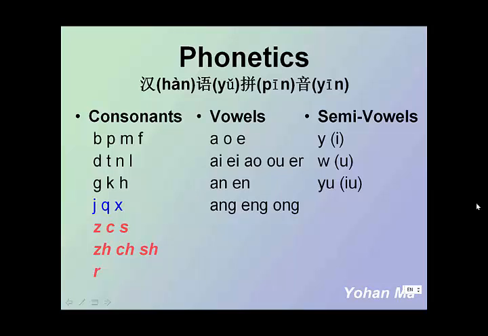Yu, Yuan, Y-U-A-N, Yuan. But X-I-U-A-N is Xuan, instead of Y-U-A-N, which is Yuan. Okay. I, U, Yu. The last sound is very, very difficult for English speakers.